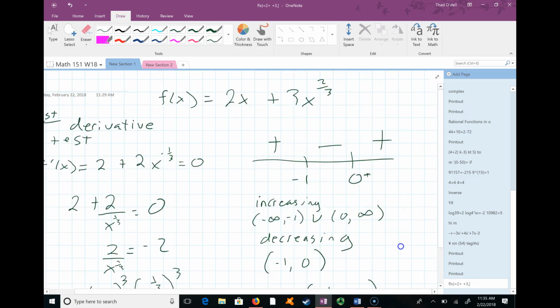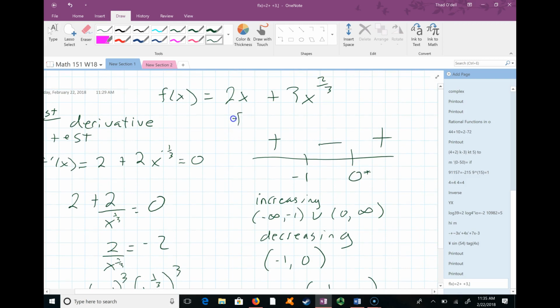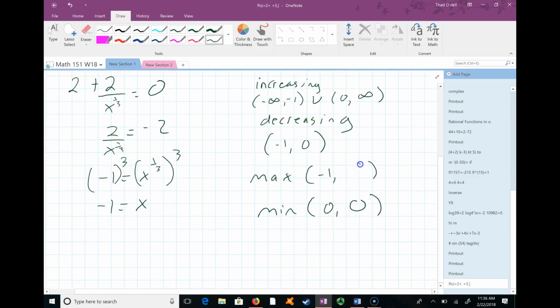So 0, 0 is the minimum. If I plug -1 in there, f of -1 would be -2 plus 3, because the -1 would be squared. So that's 1. So -1, 1 is the maximum. Okay?